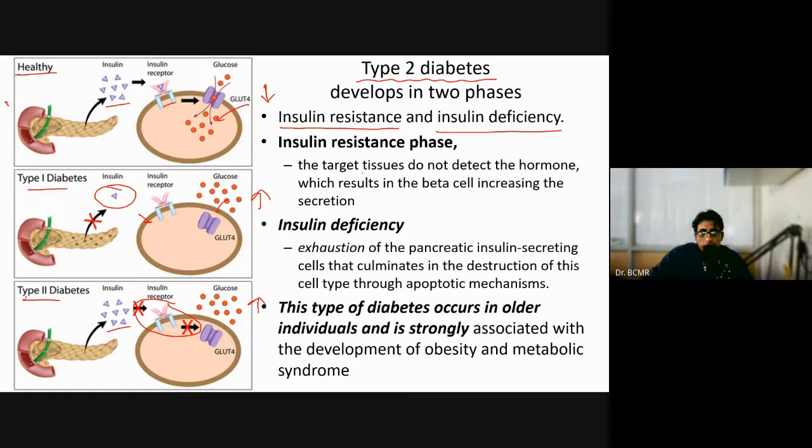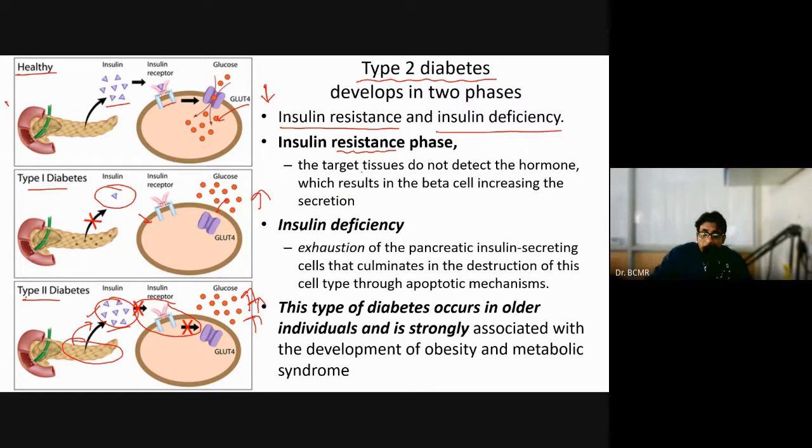Insulin resistance is when the target cells do not detect, or may not have any effect because of, the insulin binding. That is the resistance phase. In this case, for example, the blood glucose is high, insulin is produced, still the blood glucose is high, so the pancreas keeps producing more and more insulin, and at one point the beta cells overwork, and they may undergo apoptotic mechanisms, may undergo cell death because of the exhaustion, wear and tear.